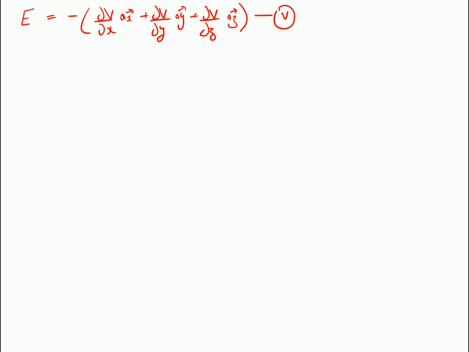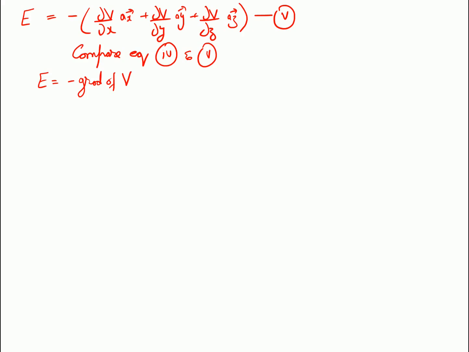So if I compare equation 4 and equation 5, I know that equation 4 is minus gradient of V, and equation number 5 is over here.